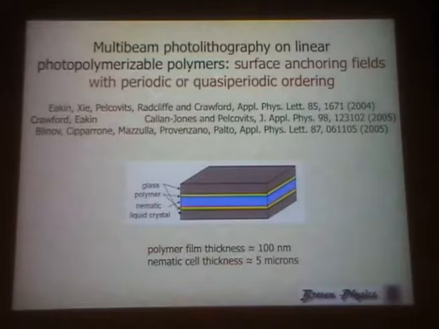Rather than rubbing, we're going to use this idea of orienting the liquid crystals by light and polymers. And what'll be an extension beyond what you heard on Tuesday is to use several beams of light, coherent beams, and that way pattern something with a two-dimensional modulation. So that's the game plan here.